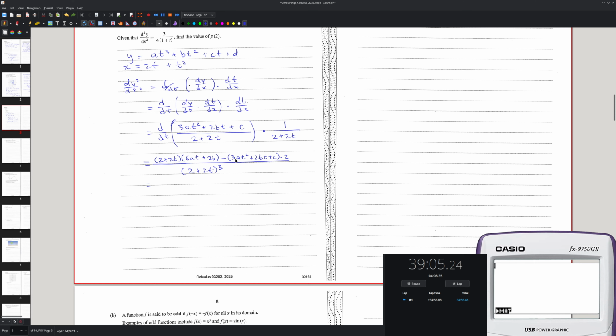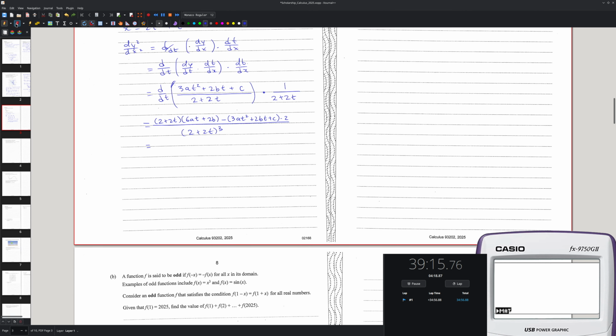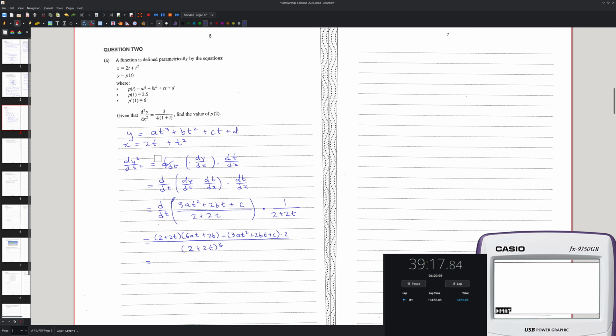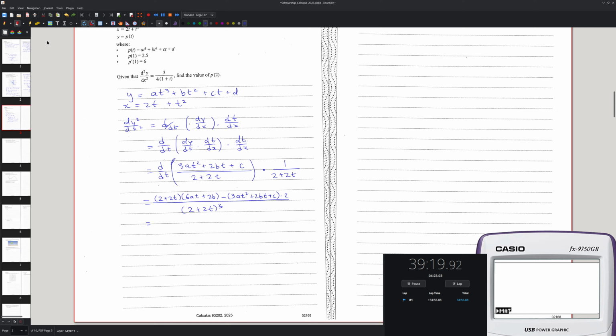So the top must be divisible by another two factors of 2 plus 2t. At least this must be divisible by 2 plus 2t, right? I don't know, can I just say that?